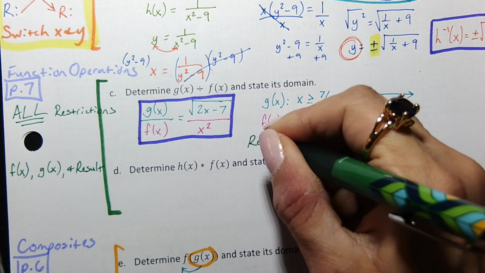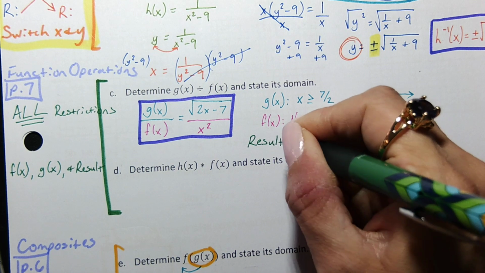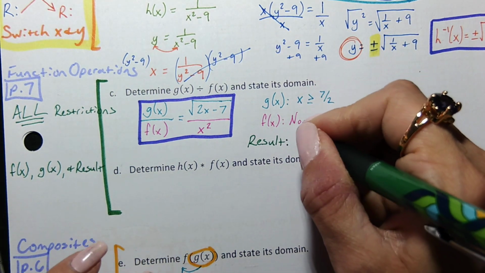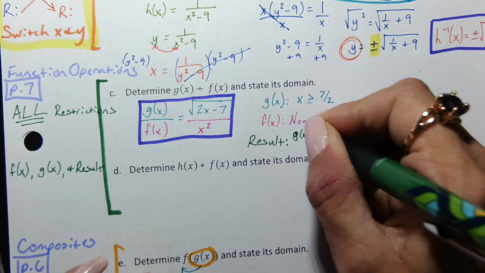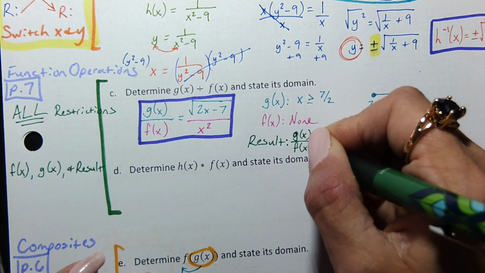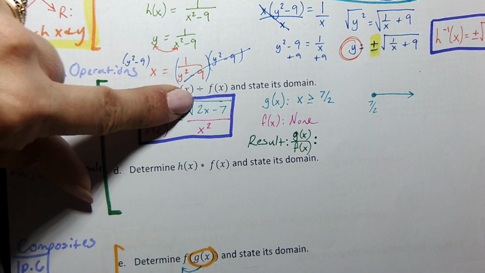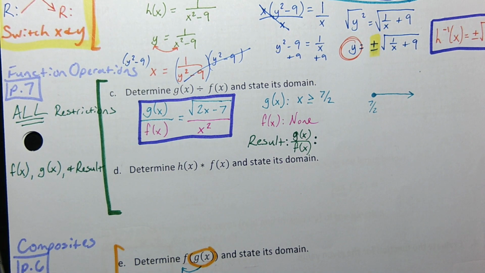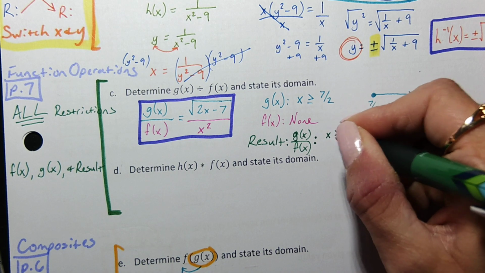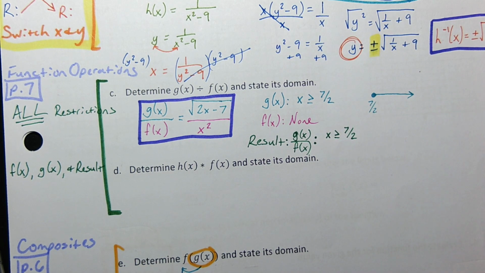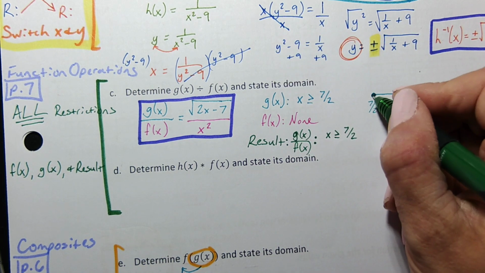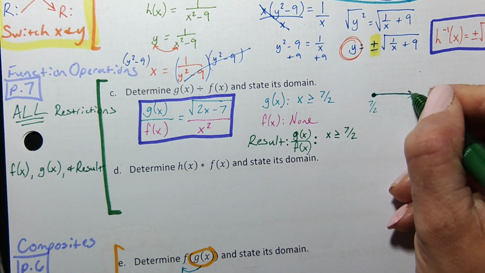So looking at what I actually boxed, which was g of x over f of x, does that have any restrictions? So it's got the same square root, so it's going to have that same restriction that x needs to be greater than or equal to 7/2, so we can just put that right on top of my other one.